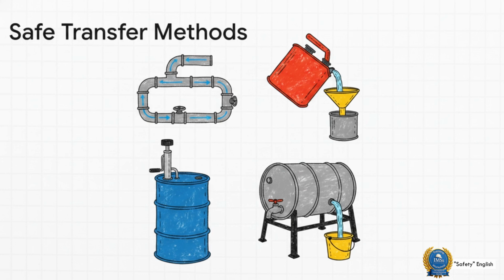You can use a closed piping system. You can pour from those safety cans we just learned about. You can use a device drawing through the top, or you can transfer by gravity through an approved self-closing valve. These verbs, drawing, transferring, are your go-to English words to describe safe handling.